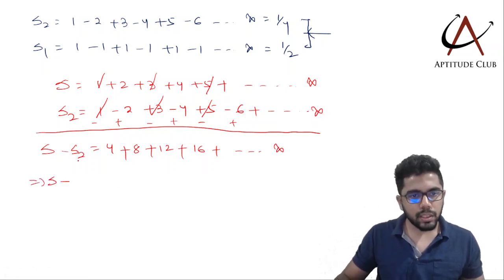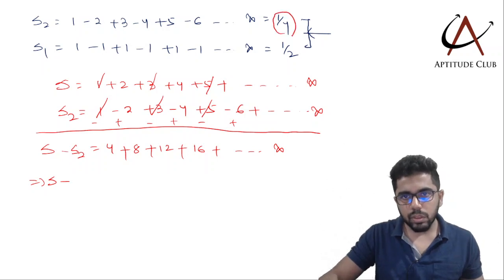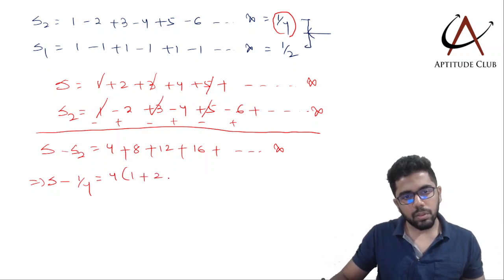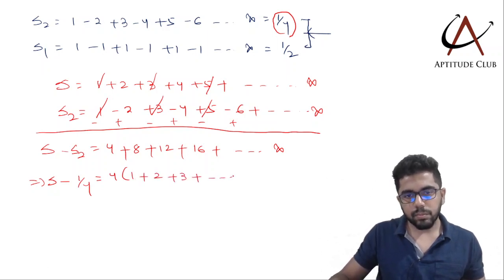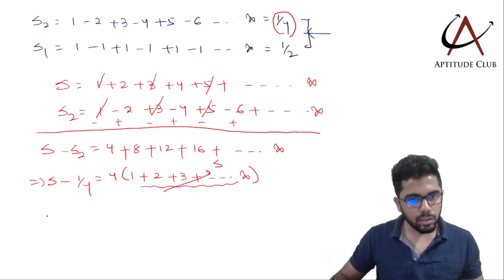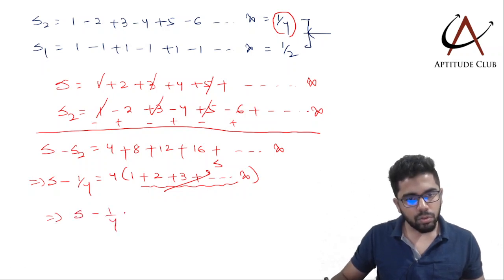So S minus S2, what is the value of S2? It is 1 by 4. And here if I take 4 common, I'll get 1 plus 2 plus 3 till infinity. Now this bracket is nothing but S again. So I get S minus 1 by 4 is equal to 4S.